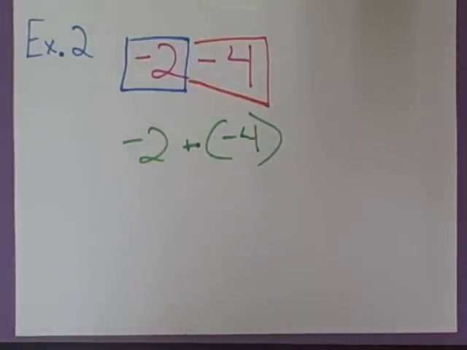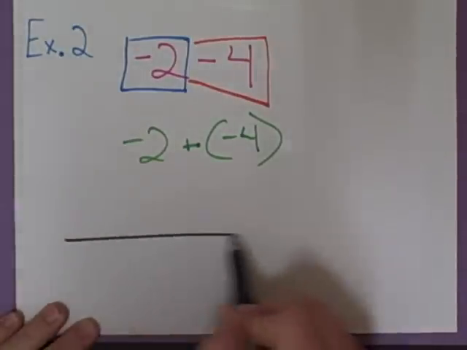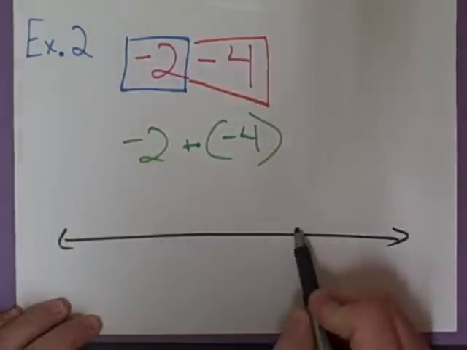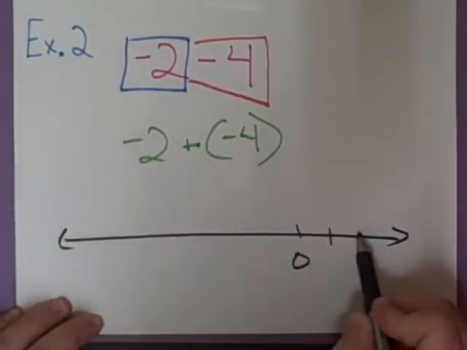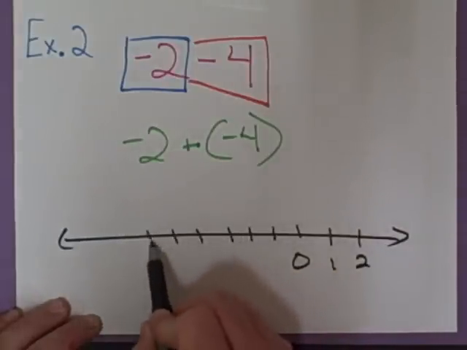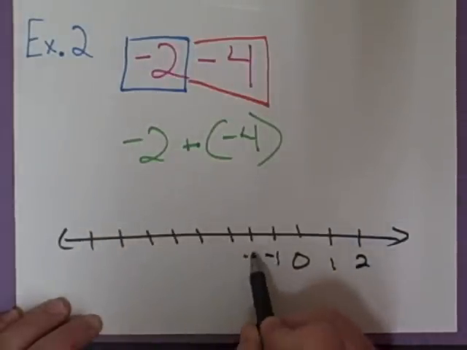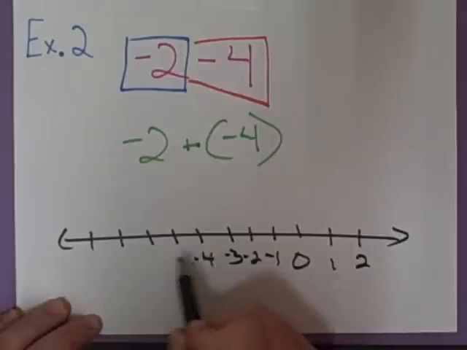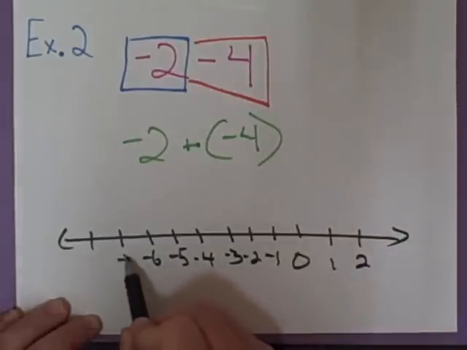And again, on the number line, 0, and then let's call that 1, 2, and then we have all our negatives. Negative 1, negative 2, negative 3, negative 4, and so on.